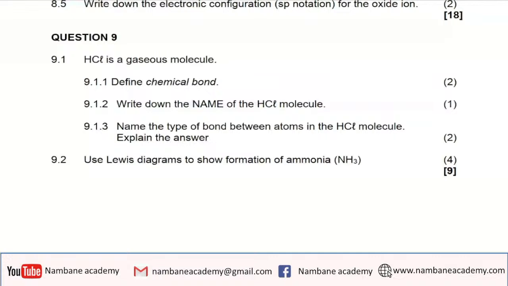Yes, the learner did not indicate the reaction, but just wrote the ammonia as a Lewis structure. So how are we going to award the mark for that one? The question is used to show the formation of ammonia. So he just wrote ammonia. No reaction, nothing.